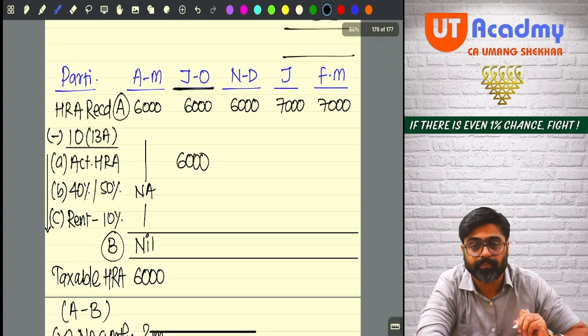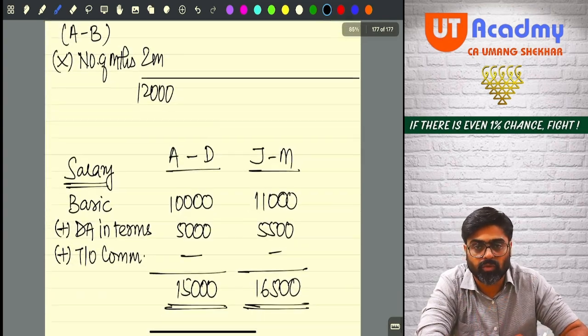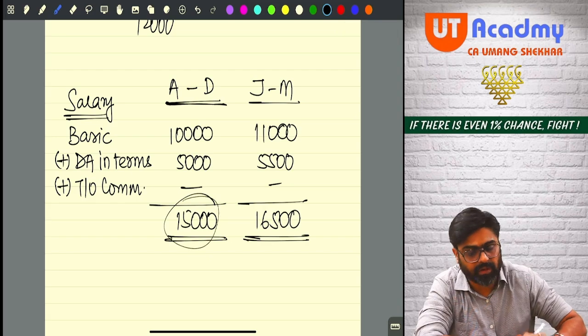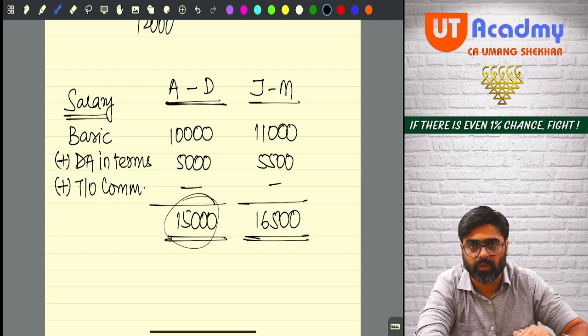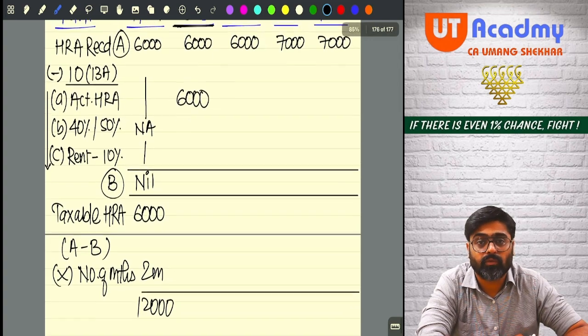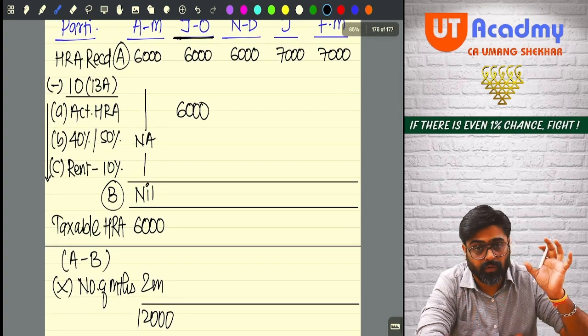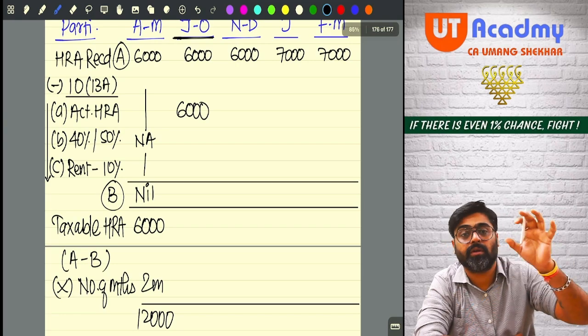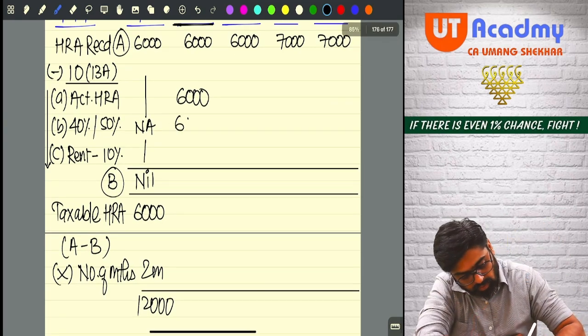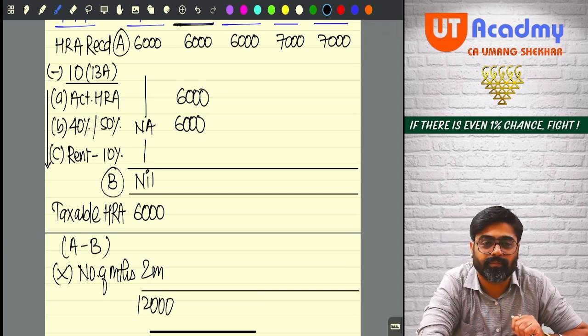June to October. So what is the salary for June to October? April to December the salary is 15,000. So definitely June to October salary is 15,000 only, no? So 40% of 15,000 I have to take. And that amounts to, fortunately, 6,000.